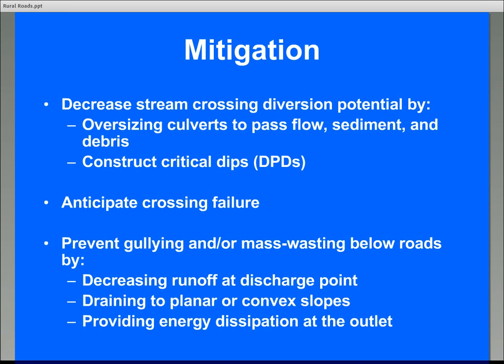And we also want to construct things like critical dips or diversion potential dips. These are structures that keep the channel in the channel rather than diverting it onto the road. We also want to anticipate crossing failure. So we want to harden our fills and basically manage for when that big storm comes along.